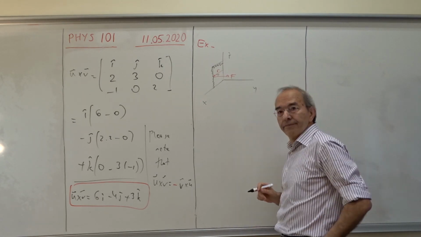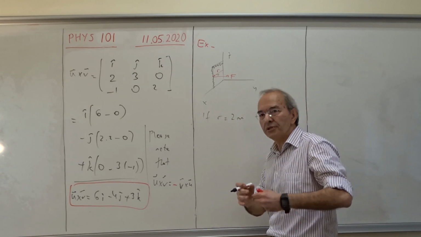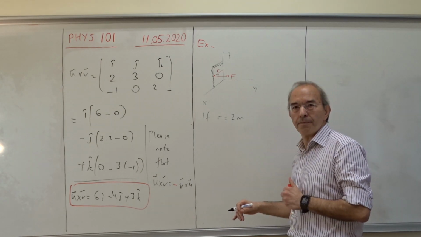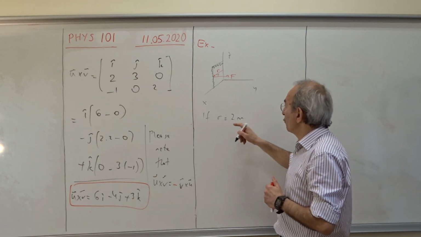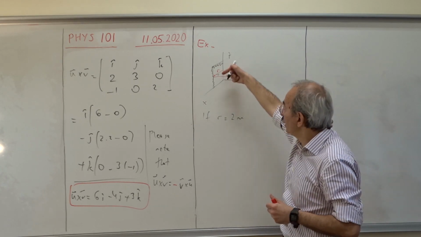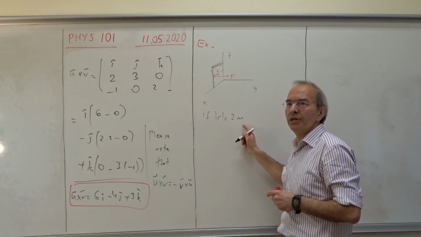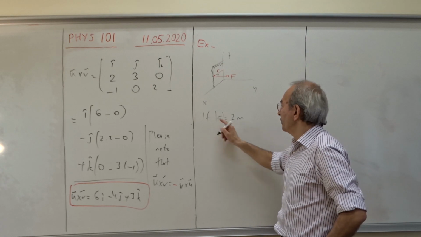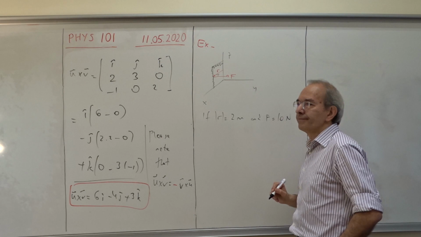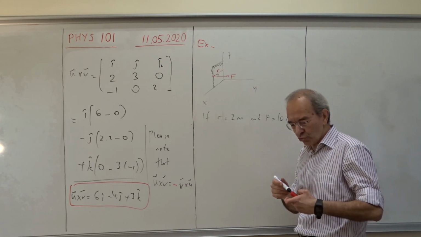Let's say r is equal to 2 meters, a relatively wider door. Of course, if r is 2 meters, it means the magnitude of r is 2. Otherwise, how can you show this vector r? And F is equal to, let's say, 10 newtons. So this is just the length and that is just the magnitude.